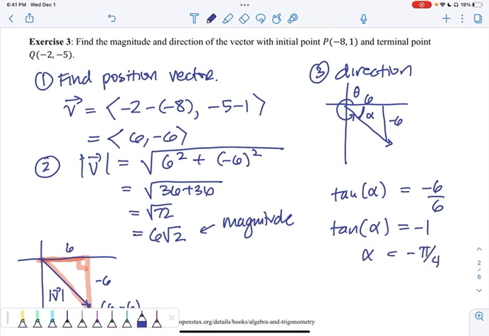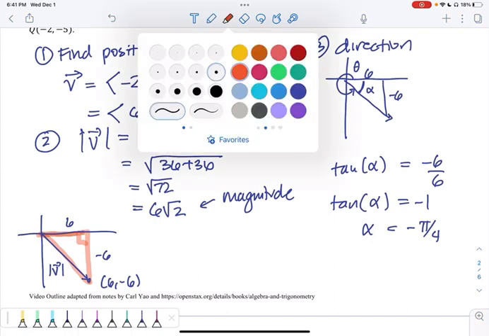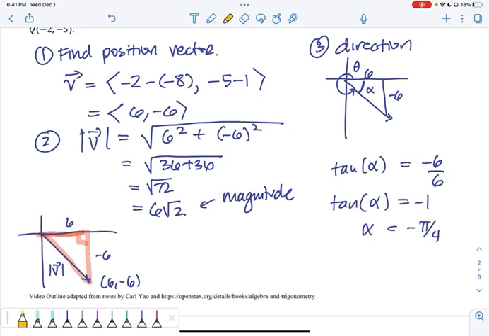Now, if I'm really after the angle in standard position, then I just do a little trigonometry from before and ask, what would this angle be all the way around in the positive direction? So this implies that theta would be 7 pi over 4 if they wanted it to be within 0 to 2 pi. We could also give it in degrees. It really just depends on what's being asked for.